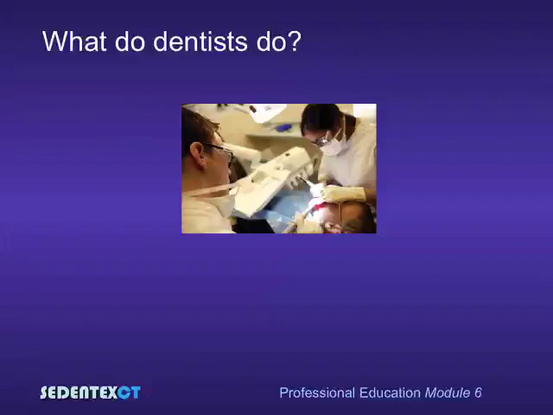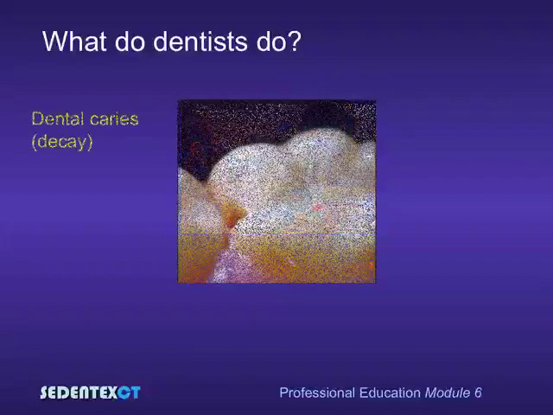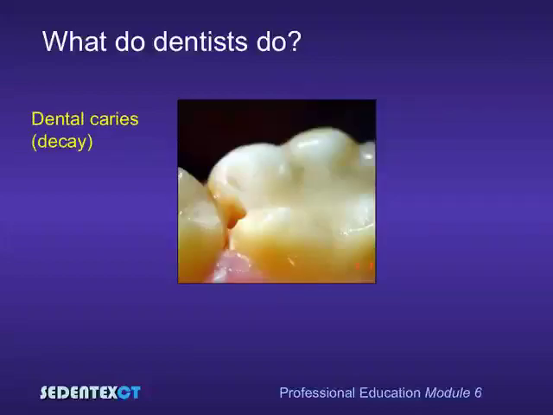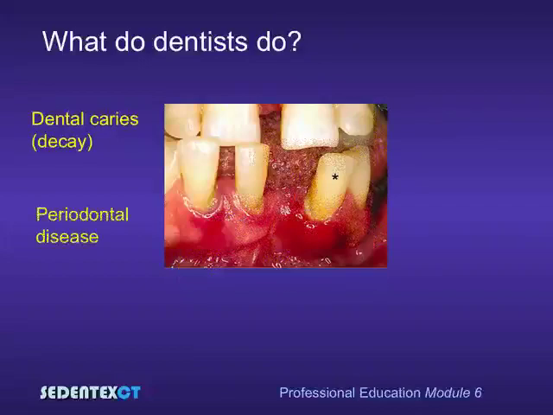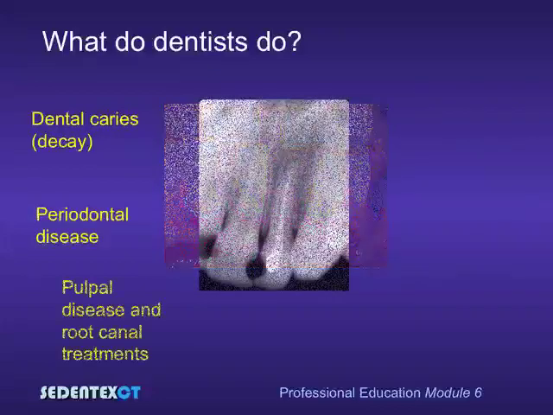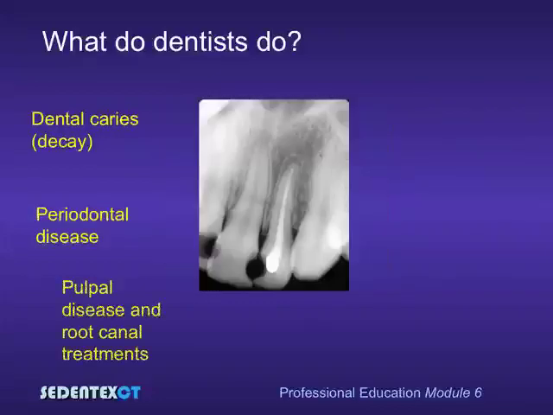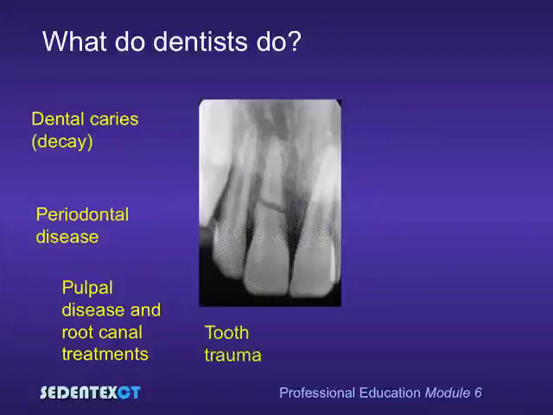Let us have a think about what dentists actually do. Well, they look for dental caries. They treat and examine patients for periodontal disease. They treat pulpal disease, perform root canal treatments. They deal with patients who have traumatized their teeth and often their jaws.